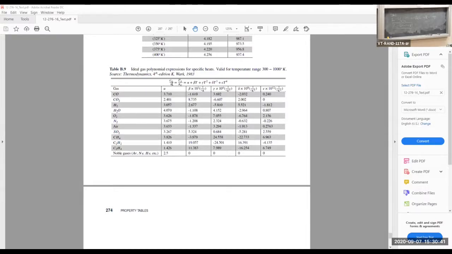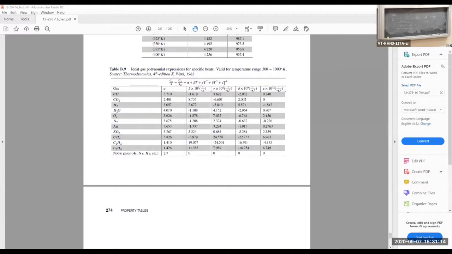Remember, the gas constant R had units of kilojoules per kilogram degree Kelvin, and so does specific heat, so Cp over R is dimensionless. Cp over R for various ideal gases can be expressed as a fourth-order polynomial with coefficients alpha, beta, gamma, delta, and epsilon.